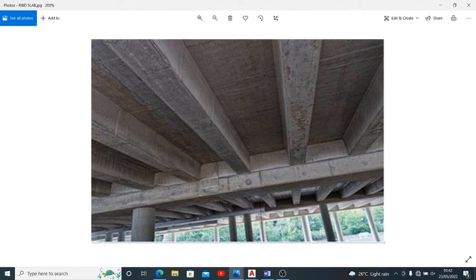Among other advantages, rib slab has its own advantage over solid slab.